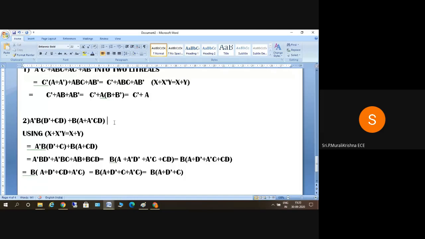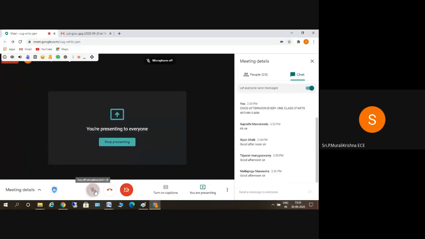Is there any possibility? No, sir. Same answer. If I take this as common, if we take d bar plus cd here, the same answer comes. There is no difference. So this cannot be reduced to one literal.